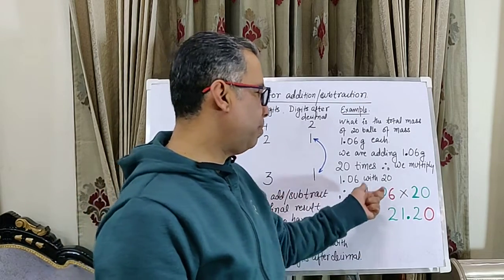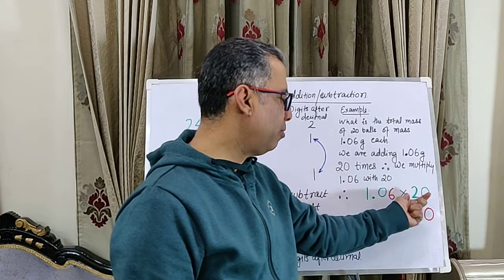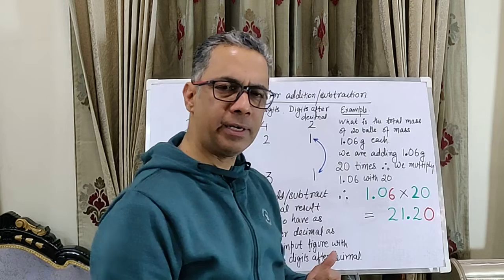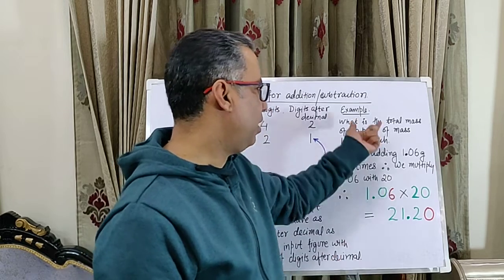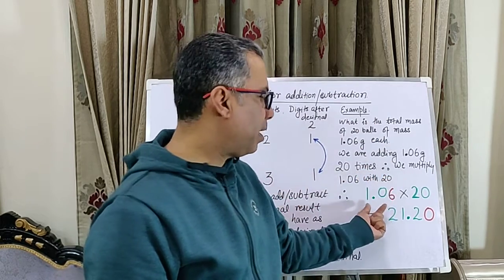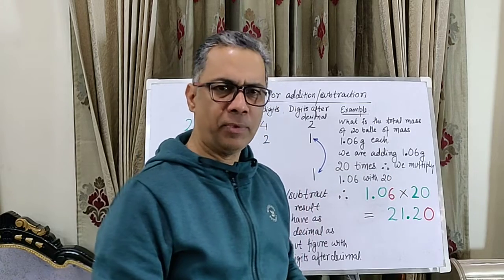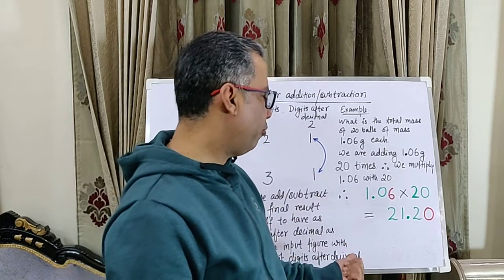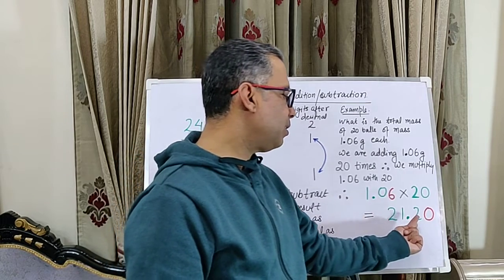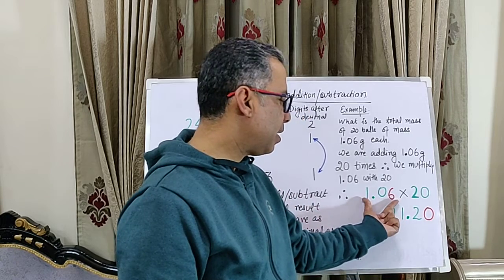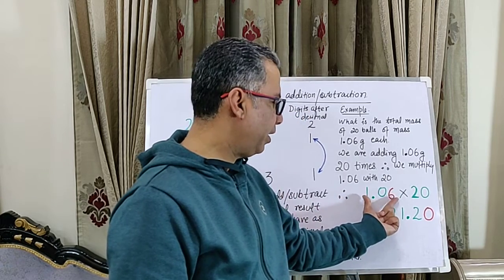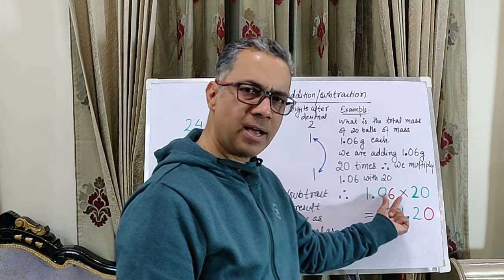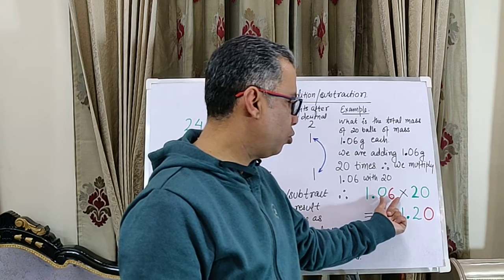Now even though we are multiplying here, the final rule that applies is not the rule for multiplication but the rule for addition, because essentially what we are doing is an addition. The multiplication just happens to be a kind of a quick process for doing that addition. And therefore the final answer must have as many digits after decimal as are there in the input figure having the least number of digits after decimal, and that number of digits after decimal is 2 here.